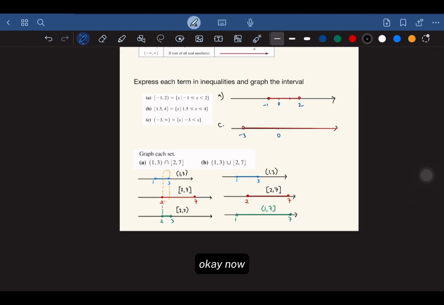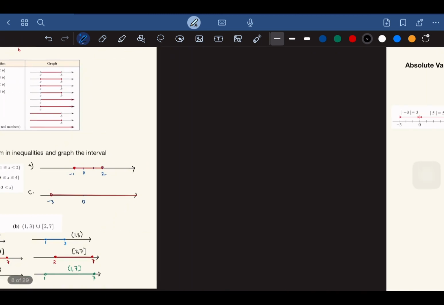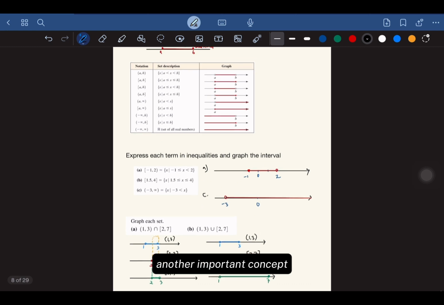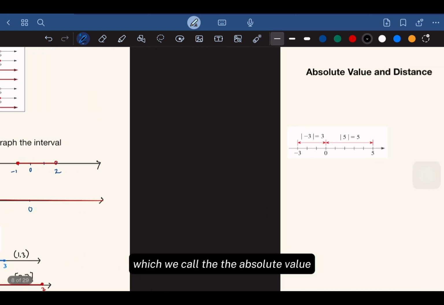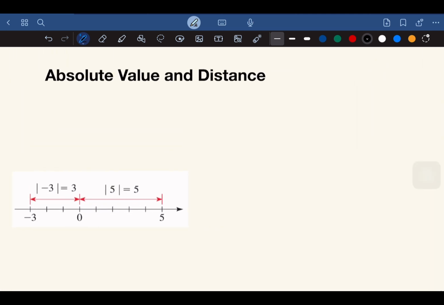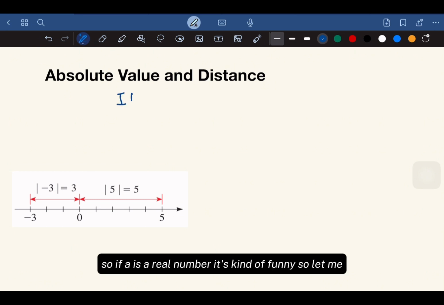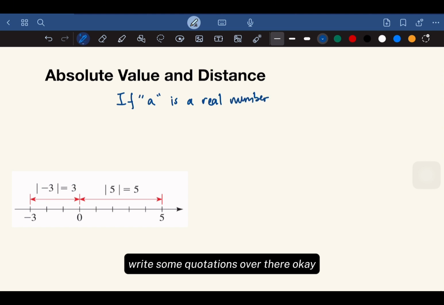Okay. Now, another important concept, which we call the absolute value. So if A is a real number, let me just write some quotations over there.